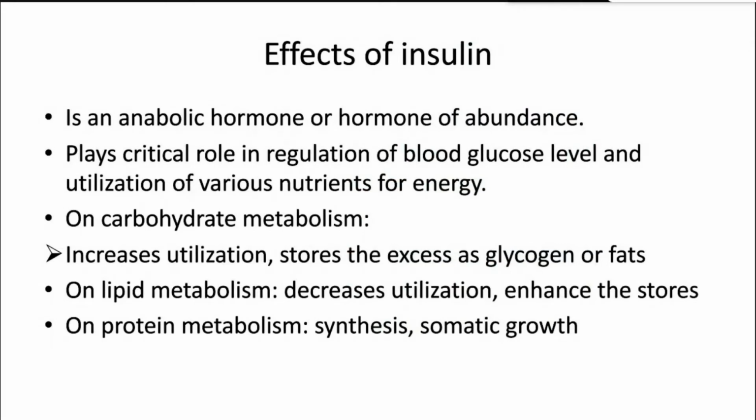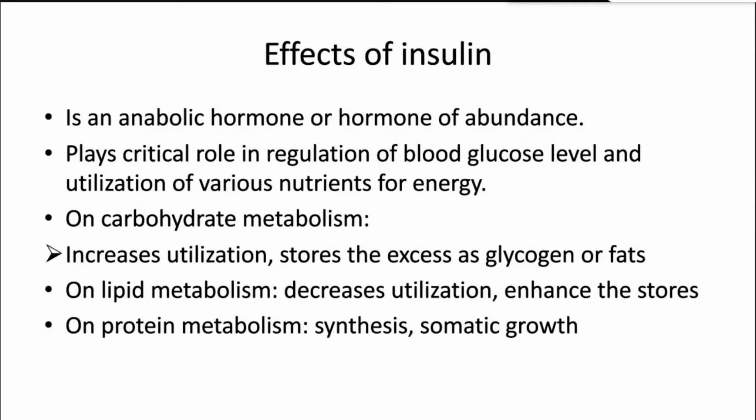To summarize, insulin is an anabolic hormone, means it helps in synthesis of many macromolecules, and we can call it the hormone of abundance, because when there is an excess of energy available, excess of nutritional substances available in the body, this level will increase, and it is associated with abundance or availability of nutrients.